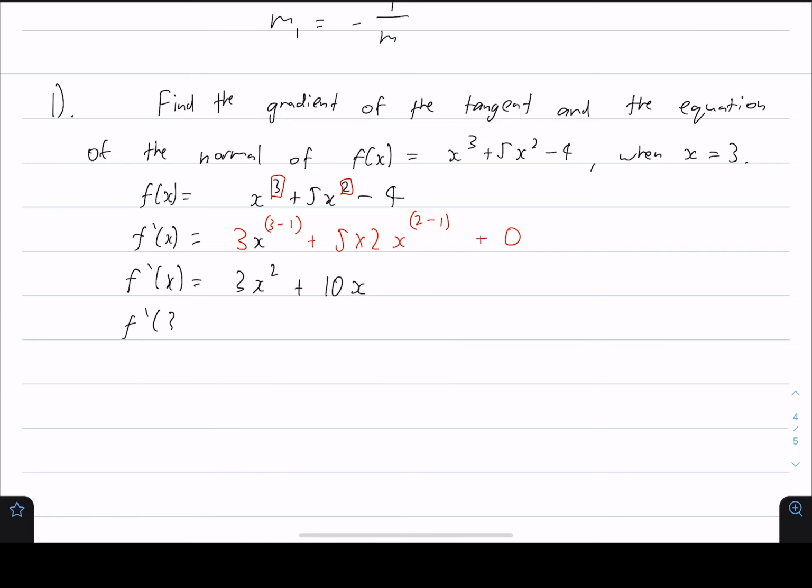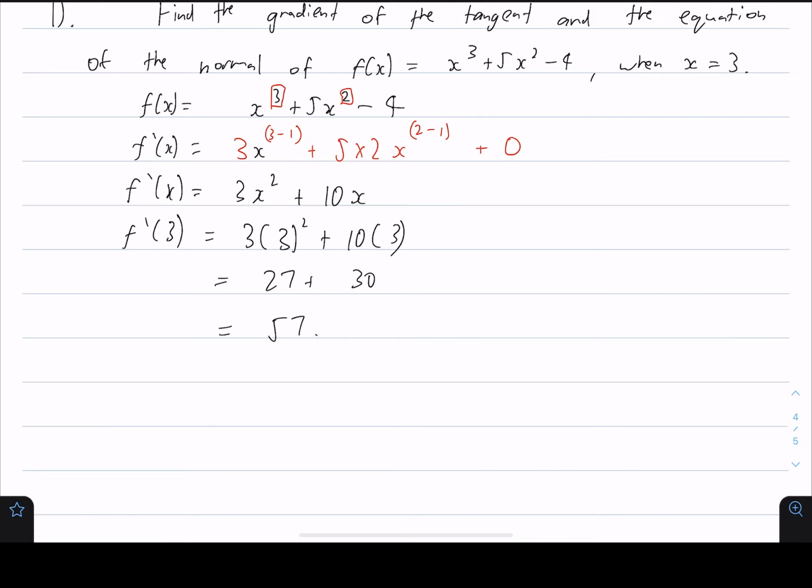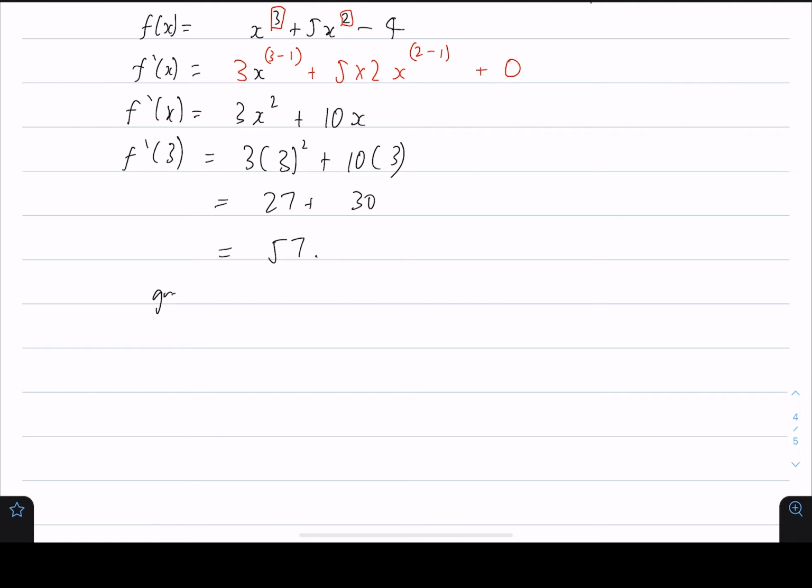So we have f dash of 3 equals 3 times 3 squared plus 10 times 3. Which, if we expand that, we should get 27 plus 30, which is equal to 57. So the gradient of the tangent at x equals 3 is 57.